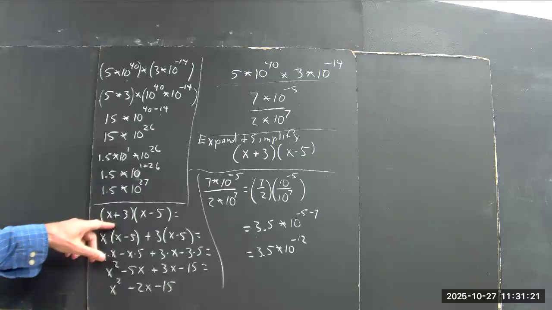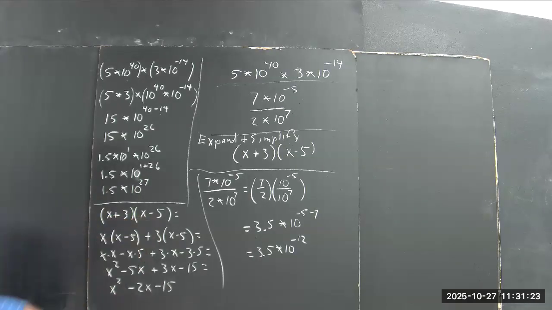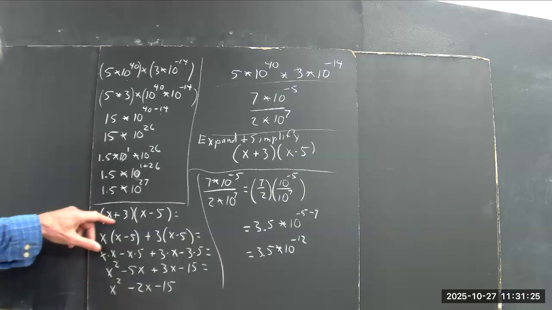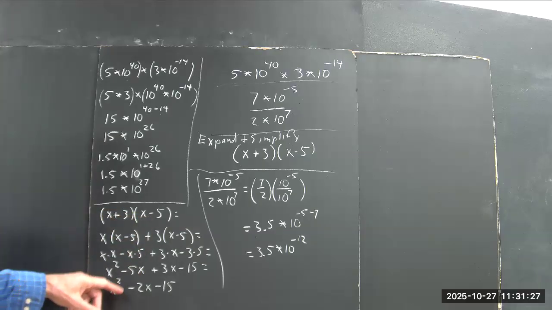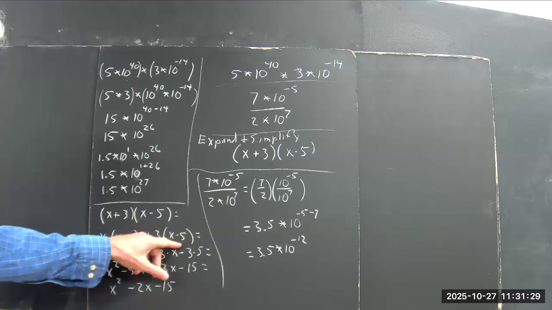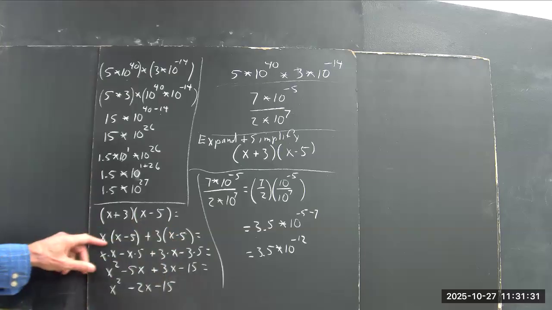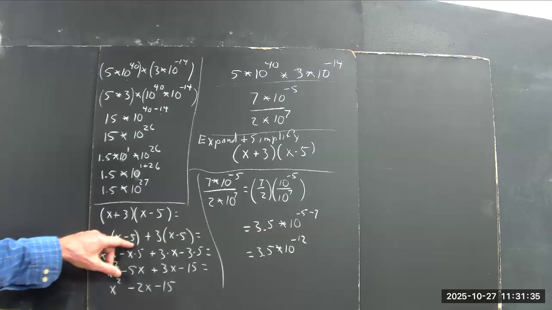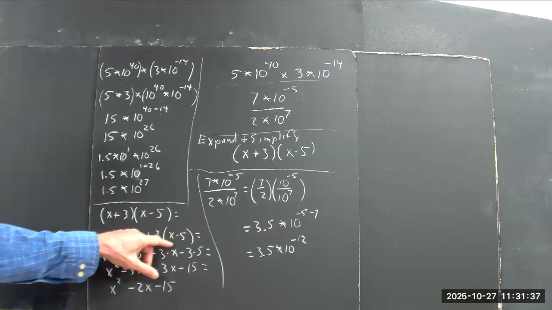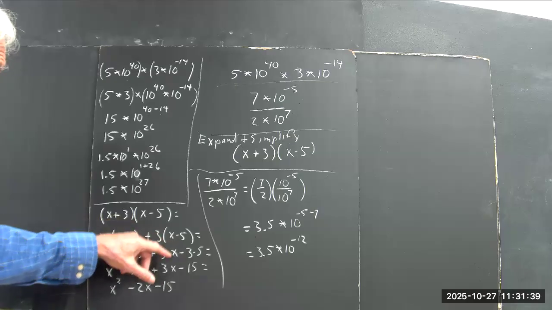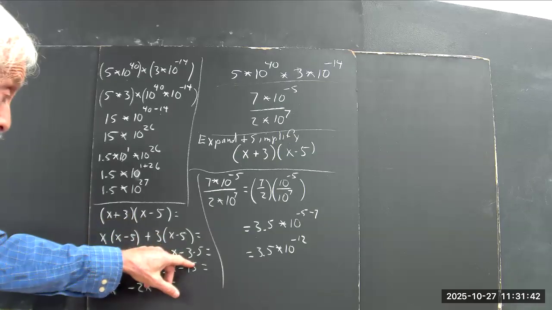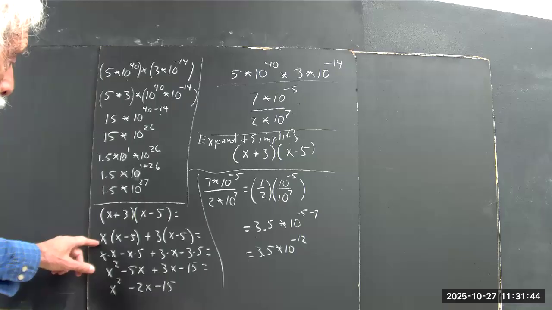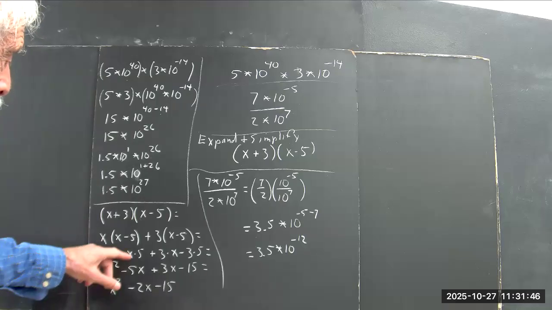So ultimately, the quantity x plus 3 times x minus 5 is x times x minus 5 plus 3 times x minus 5. X times x minus 5 is x times x minus x times 5. 3 times the quantity x minus 5 is 3 times x minus 3 times 5. X times x is x squared.